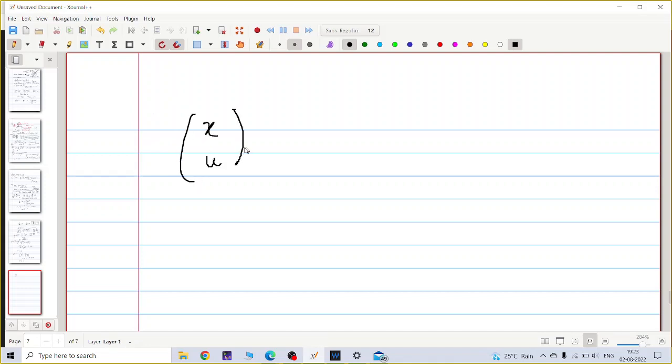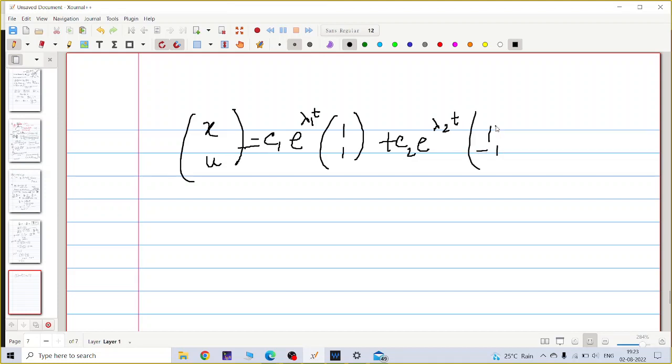Okay, actually the solution is given by x comma u, right? It is c1 e power lambda 1 t into the eigenvector corresponding to lambda 1, plus c2 e power lambda 2 t into the eigenvector I wrote, 1 comma minus 1.